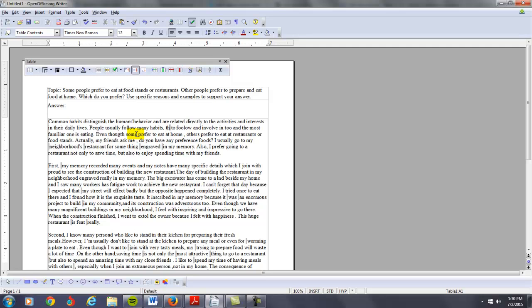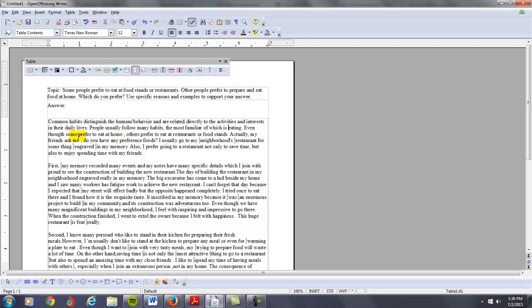Give you some sentence variety. One of the most familiar of which, don't even need to say that, the most familiar of which is eating.